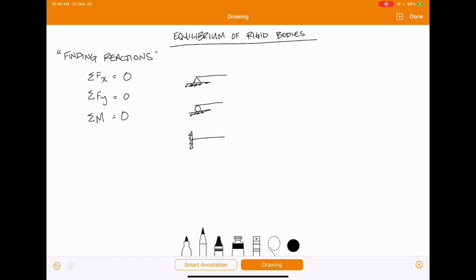Now, when you're looking at these, you want to look at the different directions in which the beam would be restrained from movement. As you see this pin here, if you tried to pull on your beam in this way, it's not going to move. So therefore you would have a reaction force in the x direction.